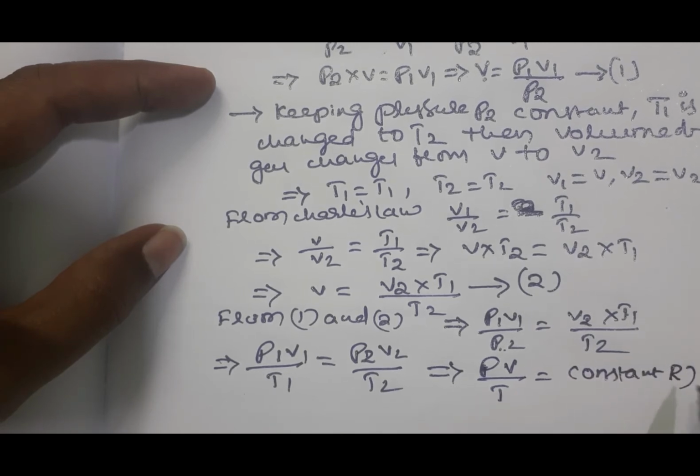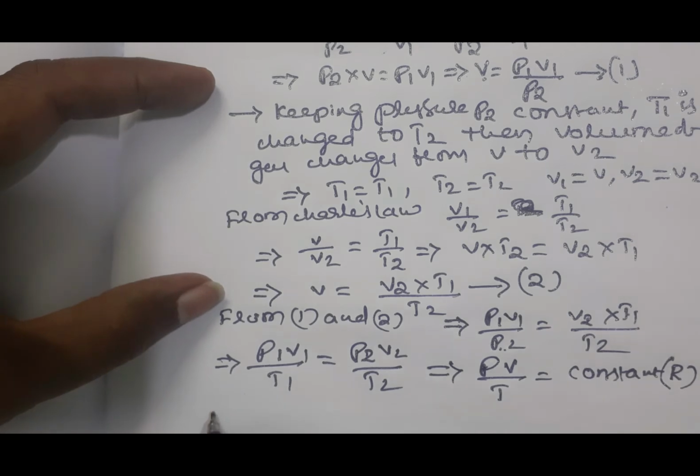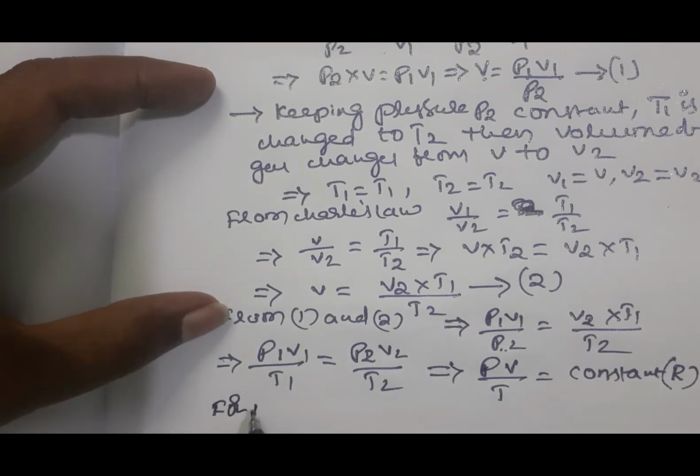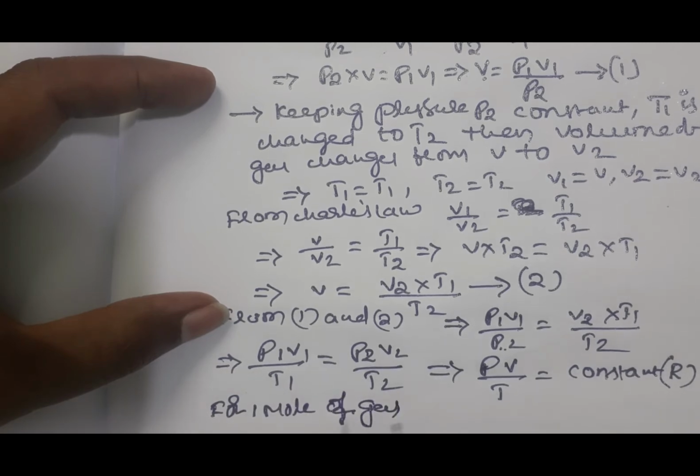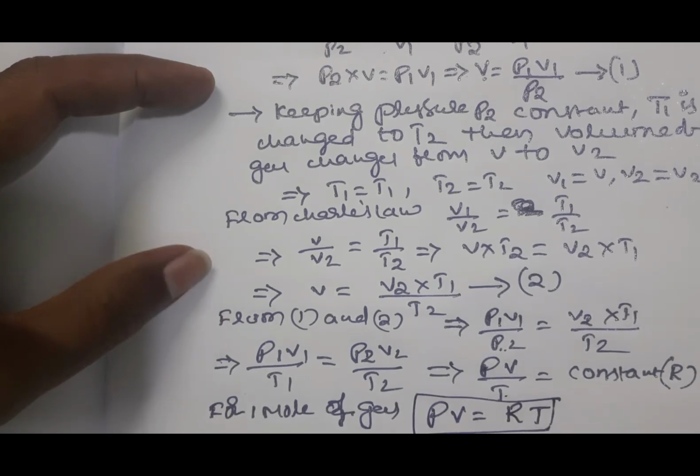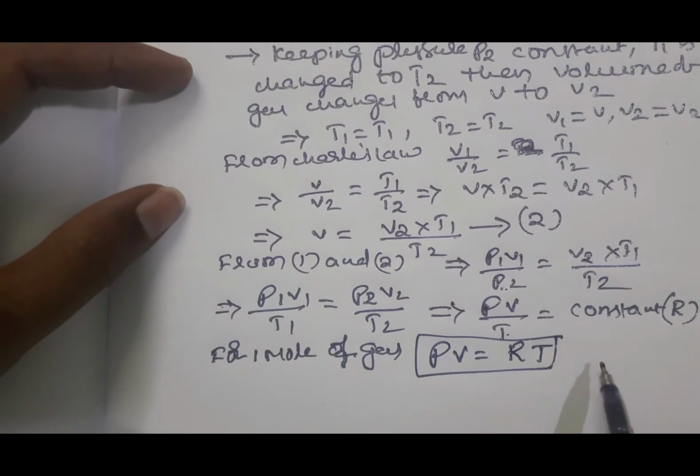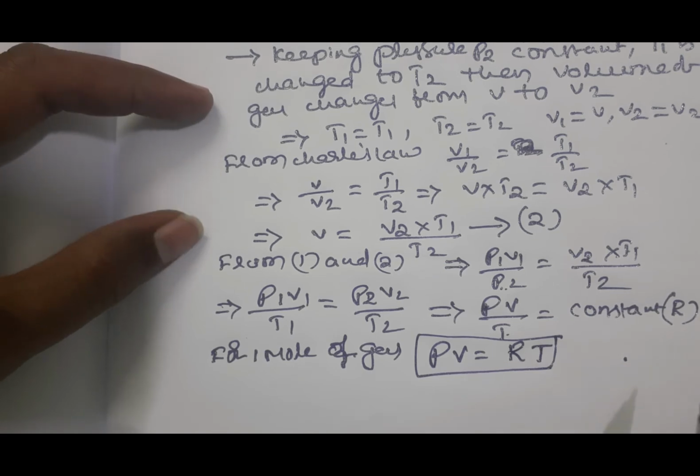This constant is taken as R, which is called the gas constant. For 1 mole of gas, the ideal gas equation is, by cross multiplication, PV is equal to RT, where R is the gas constant whose value is 8.31 joule per mole kelvin.